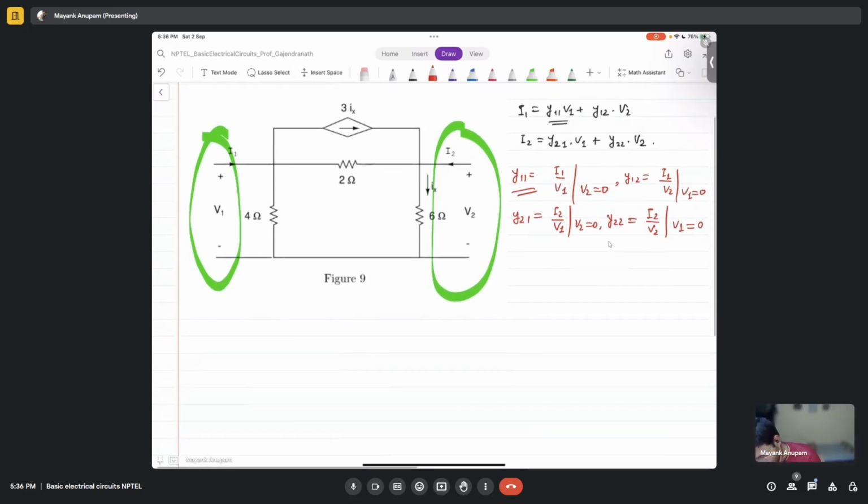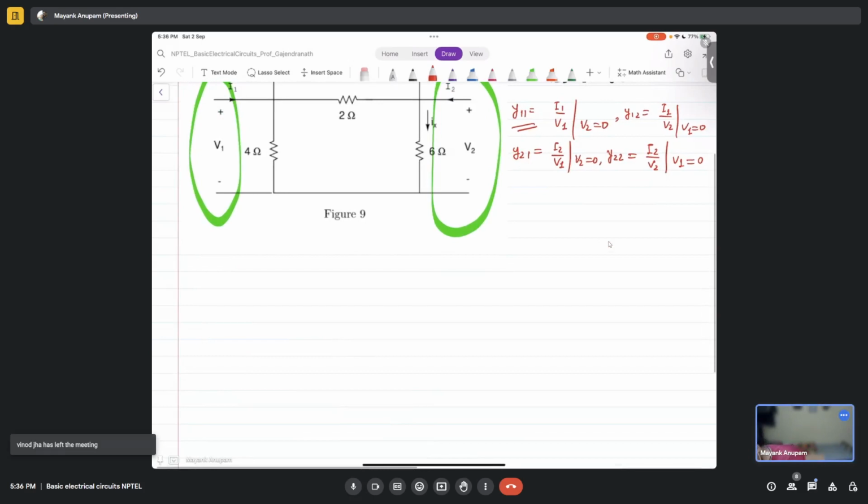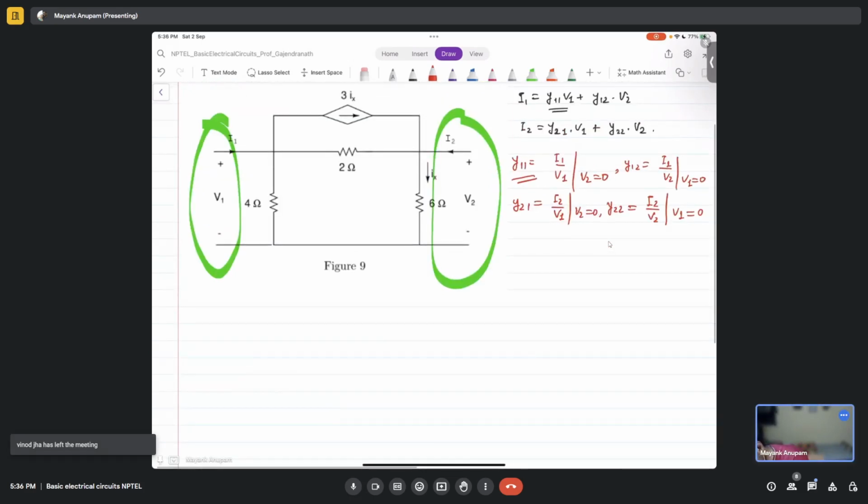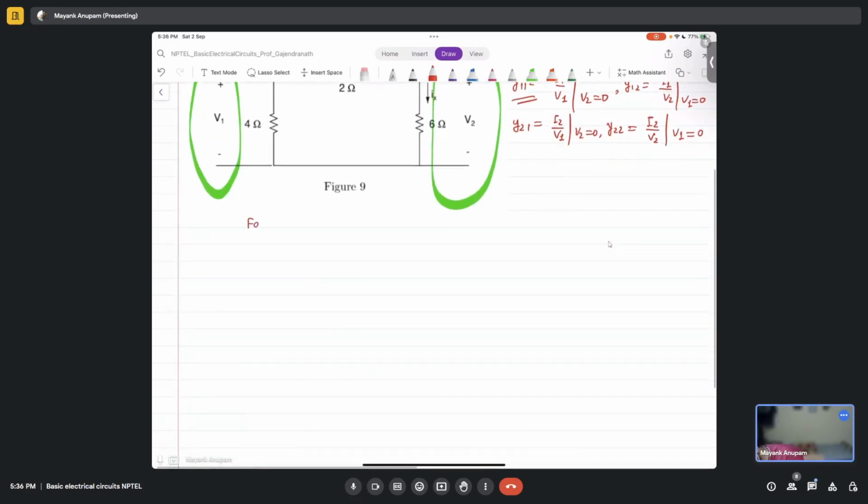Short circuit. Yes. So for Y11, apply a voltage V test at port 1 and short circuit port 2.